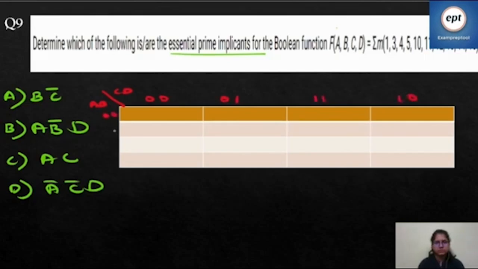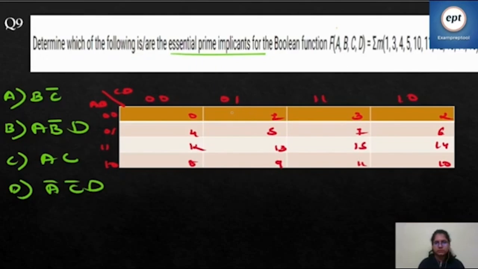Here also it will be 00, 01, 11, 10. Now here the values will be 0, 1, 3, 2. Here it will be 4, 5, 7, 6. Here it will be 12, 13, 15 and 14. It will be 8, 9, 11 and 10. Now the values we will put here.